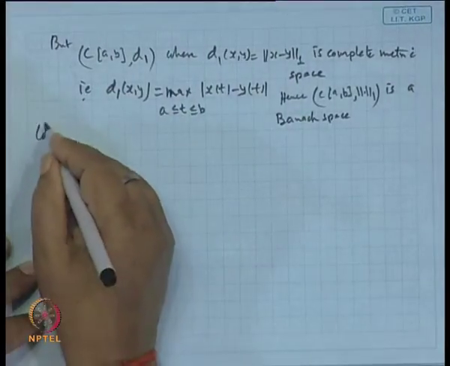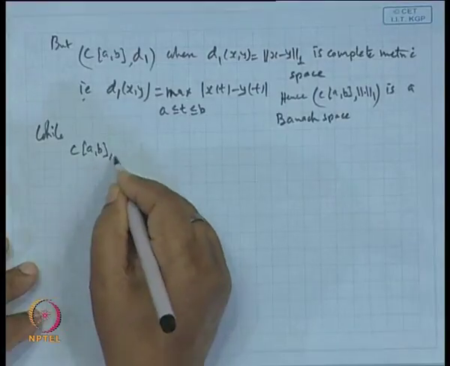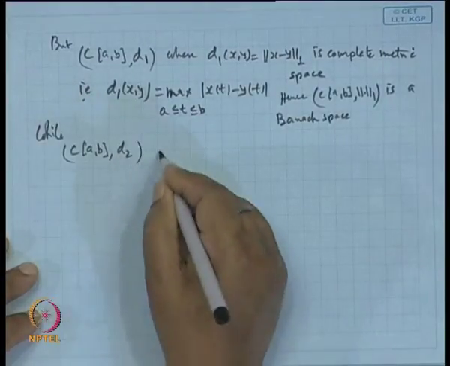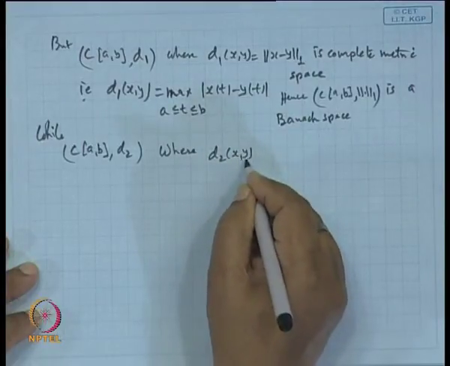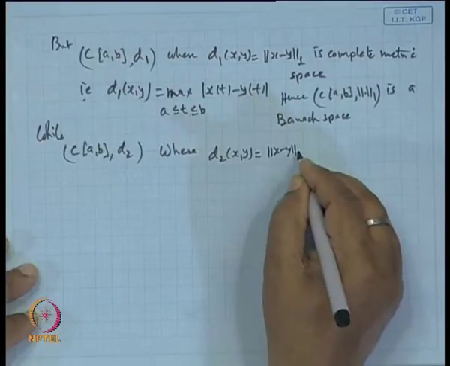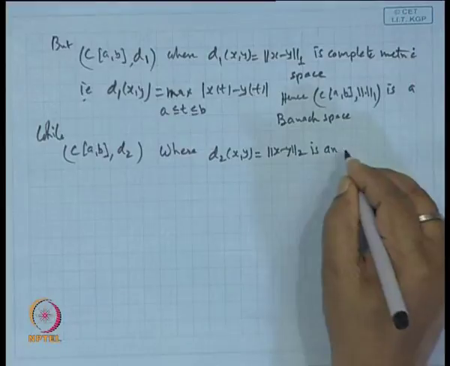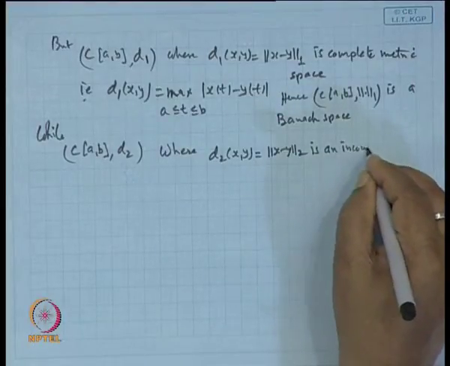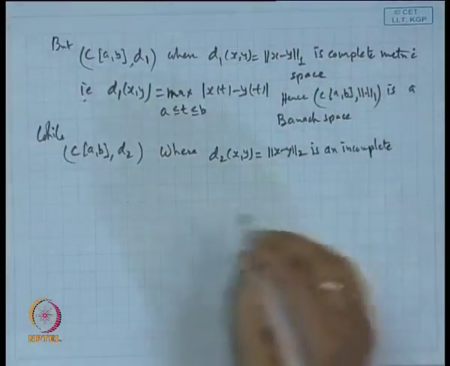While the C[a,b] with the metric d2, where d2(x, y) is introduced in terms of integral, is an incomplete metric space.